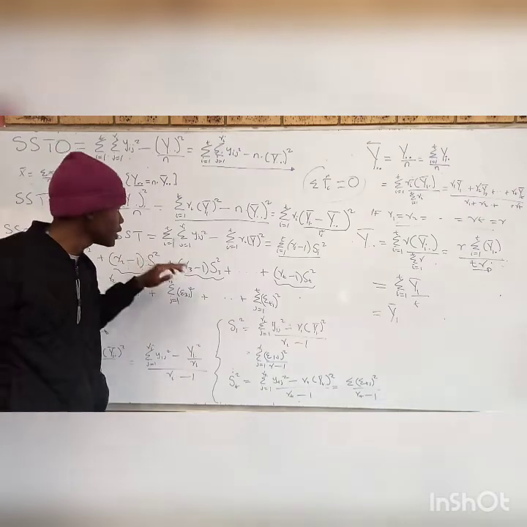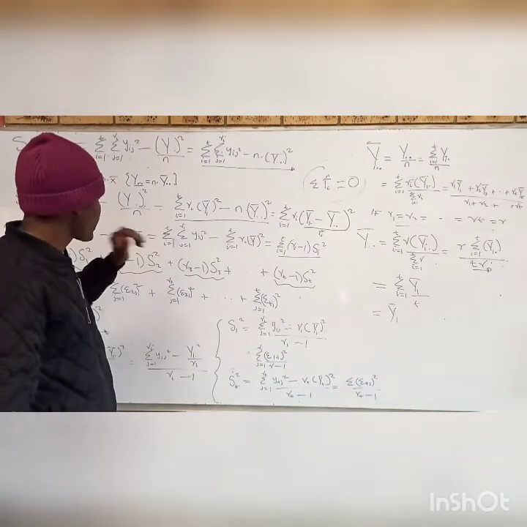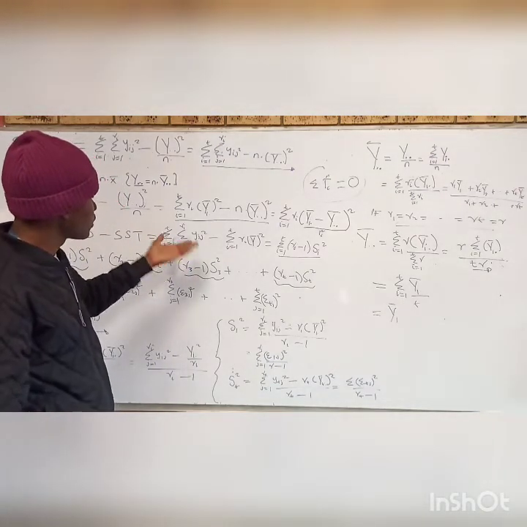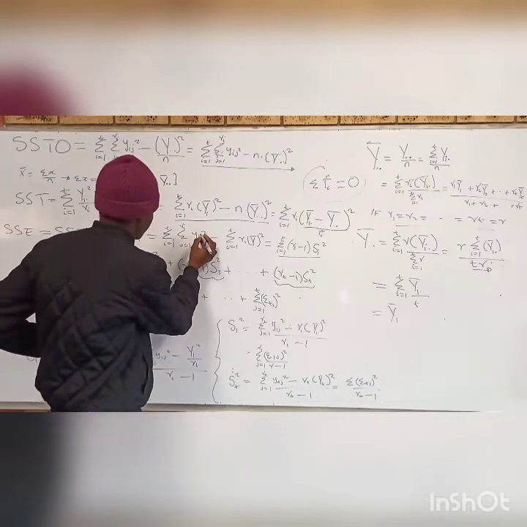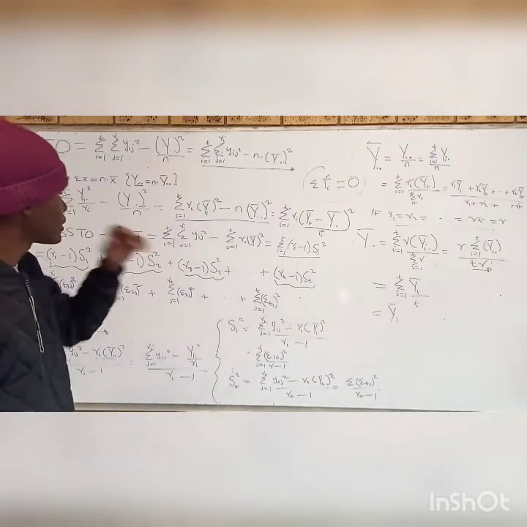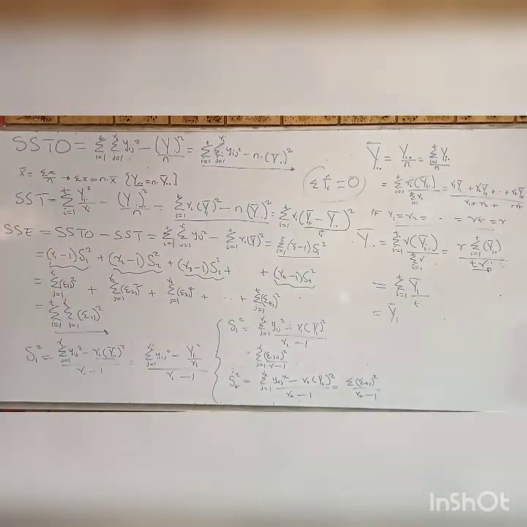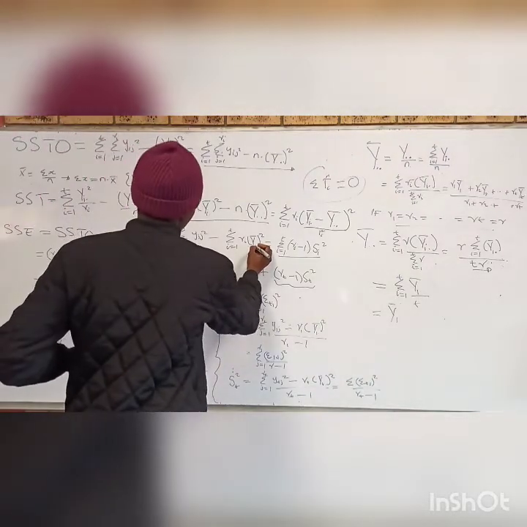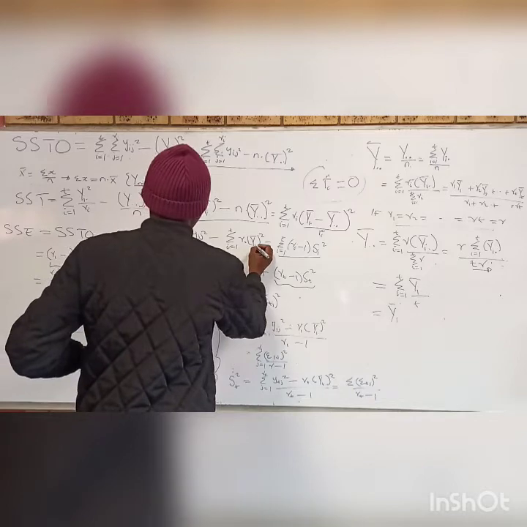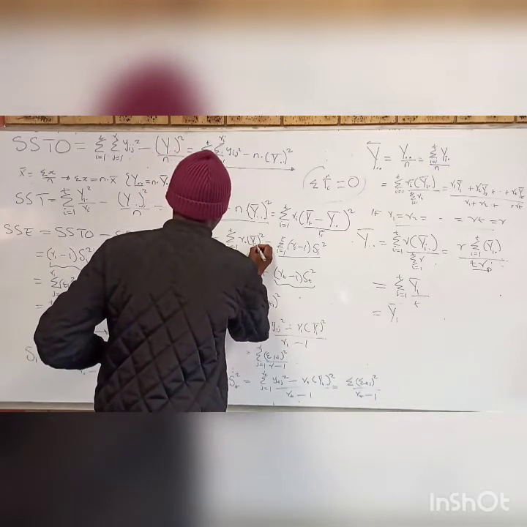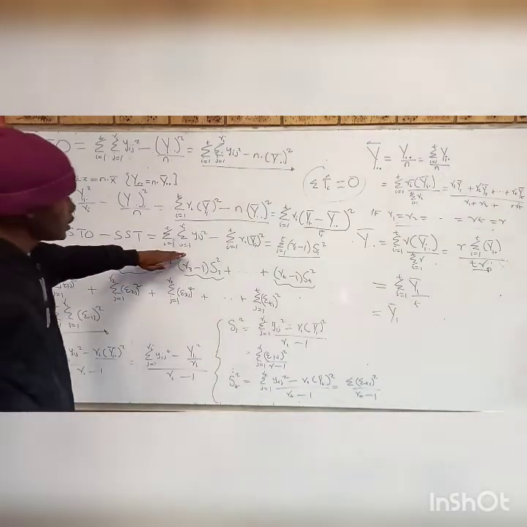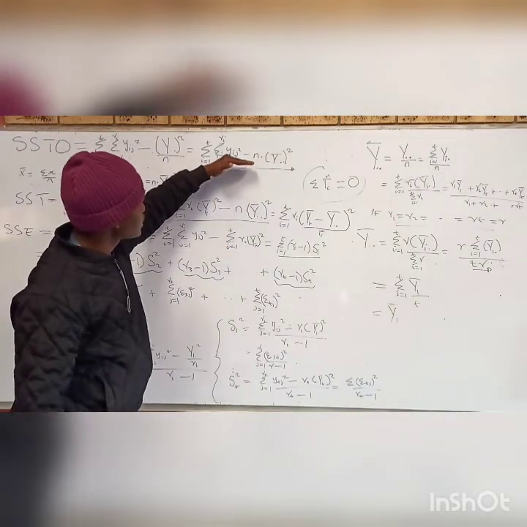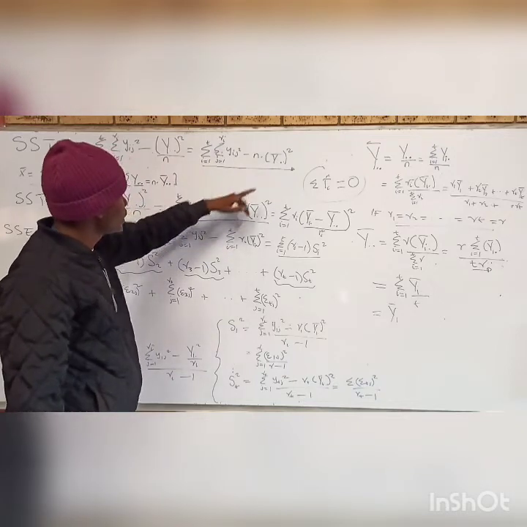So our SSE is the double summation of yij all squared minus the summation i equals 1 to t of ri, y bar i dot all squared. The reason this is equivalent to this is that if you subtract this part minus this part, you can see what's going on.